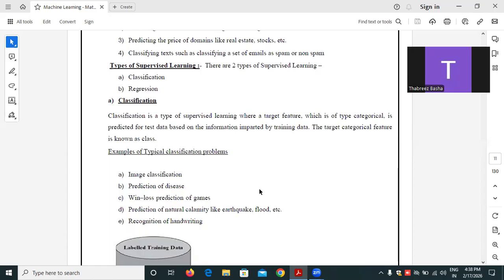Suppose we take the example of COVID-19. In COVID-19, we can observe the patients and find symptoms like cough and so on. And win-loss prediction of games: suppose a game was conducted. Two persons or three persons, any number of persons participate, but only one person wins and the remaining lose. This is the basic principle of the supervised learning process.